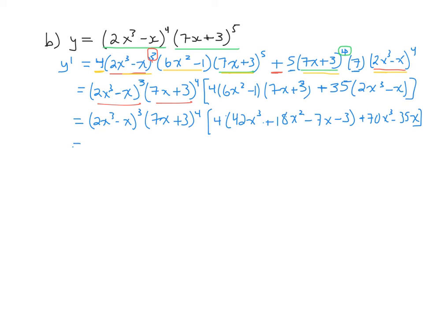Continuing on with our expanding and simplifying, this front part is just going to stay as it is.